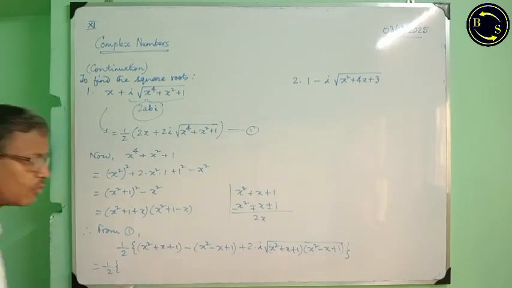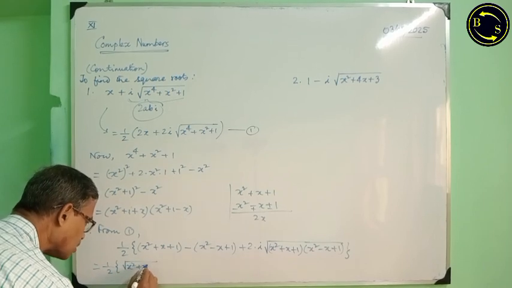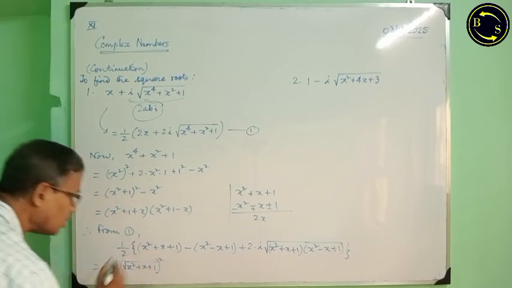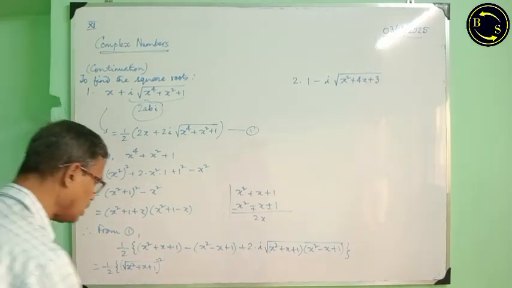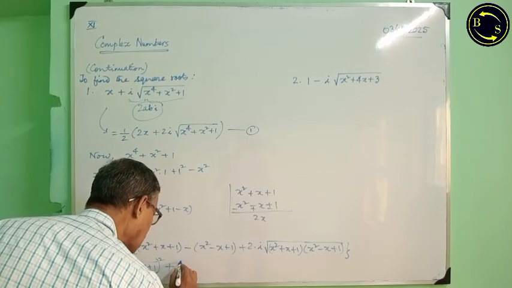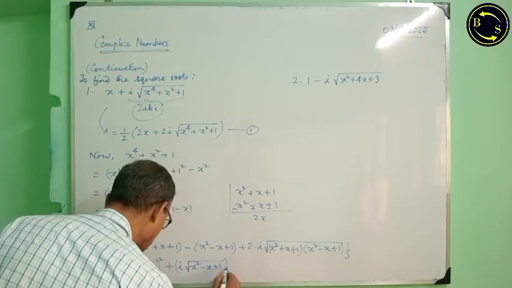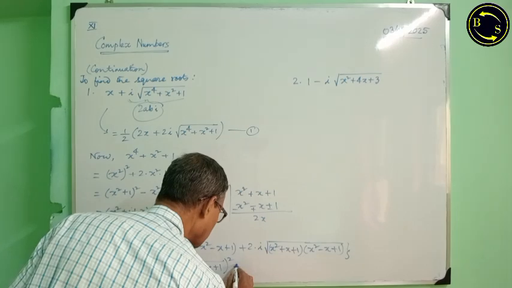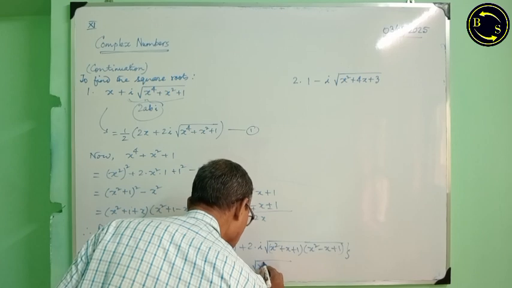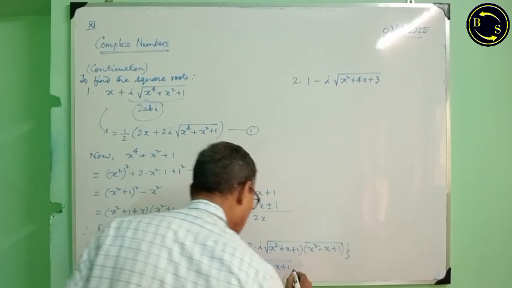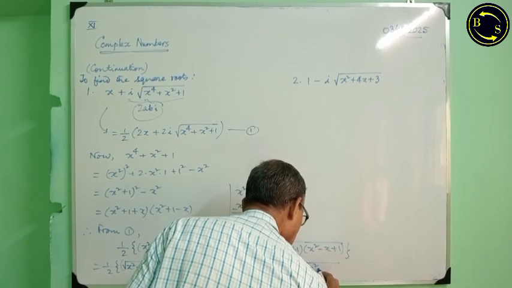Now this is to be expressed in the form a square, that means root over x square plus x plus 1 whole square, then minus 1, but this is to be expressed in square form, that is why plus i x square minus x plus 1 whole square, then plus 2ab, a and this is b, into i x square minus x plus 1.